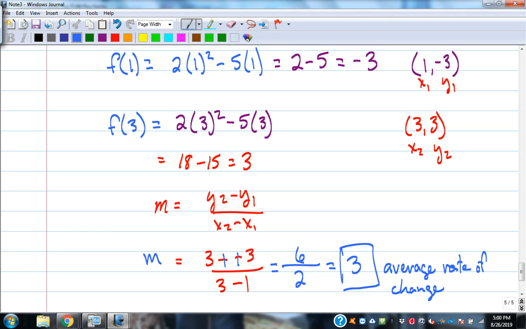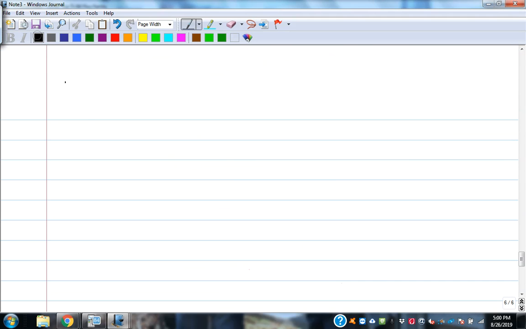So what you can then do with that is create what's called a secant line in slope-intercept form.